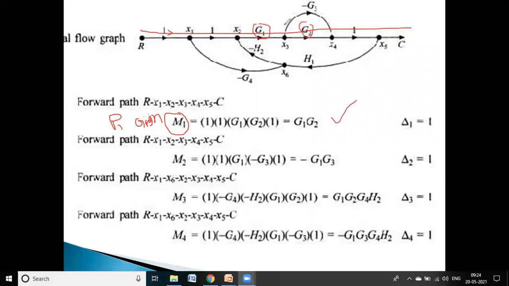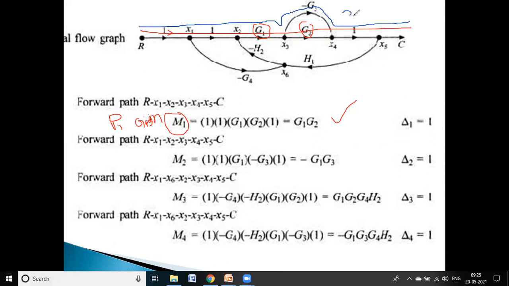So next, the second path. We can consider x1, x2, x3, x4, x5. With the other path, from here to here we follow the same, and then we take the other direction to reach the final output.